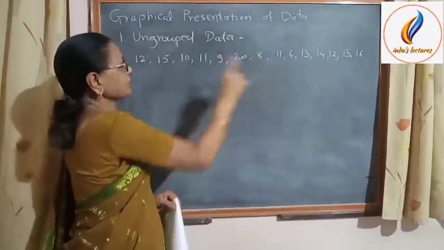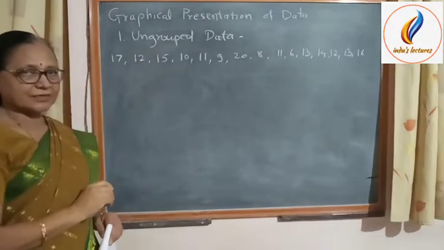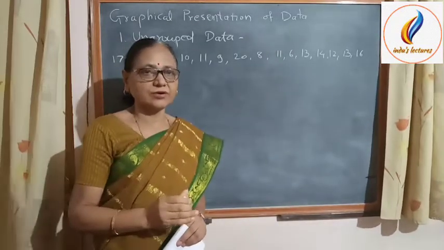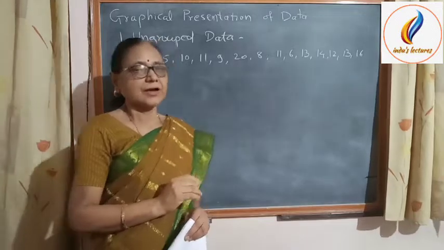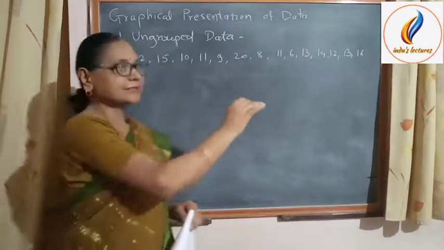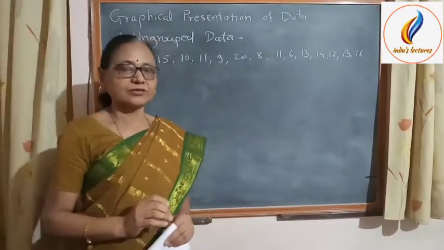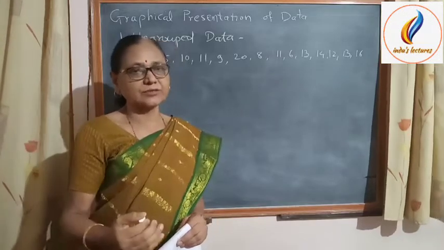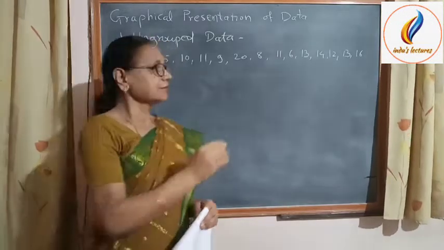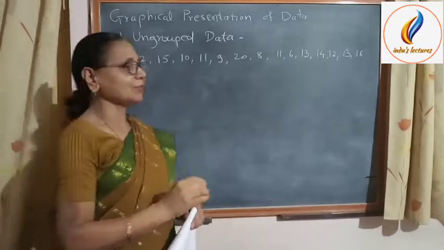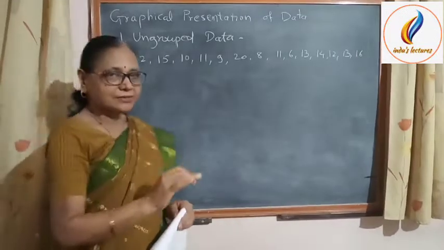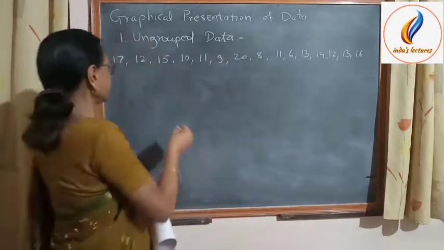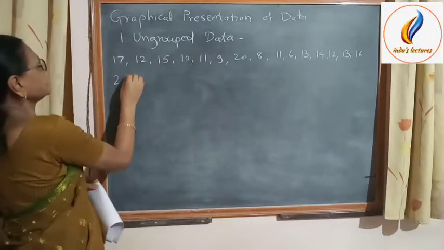Such data is called ungrouped data. That means this data in the form of raw scores is called ungrouped data. And if we arrange this ungrouped data or raw scores in class intervals or in a frequency distribution, then it is called grouped data. We can convert the same example into grouped data like this. So the second type of data is grouped data.